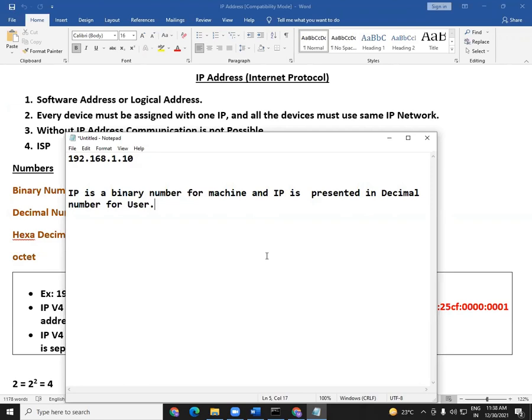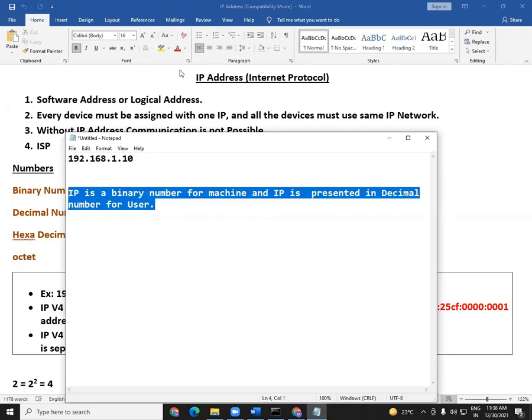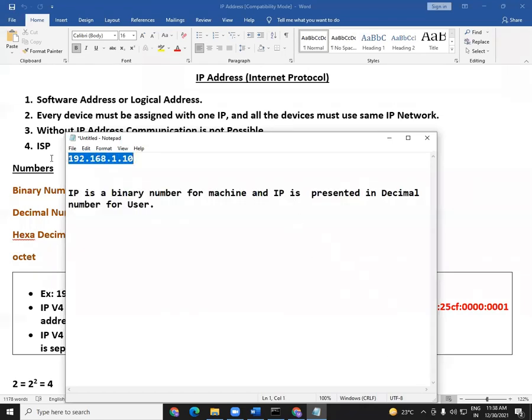This is a very, very big statement that we need to understand. IP address is a binary number for a machine, but IP address is presented in decimal for a user. So for me, I am a user. You are a user. Whoever is using a computer or whoever is assigning an IP address in a machine, he is a user. So for me, IP address is in decimal.